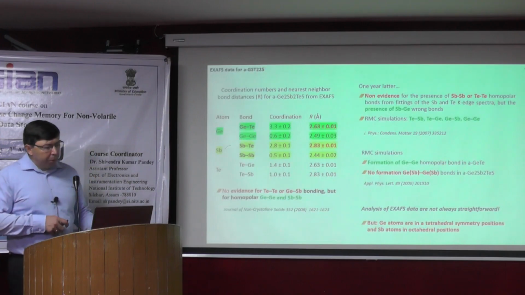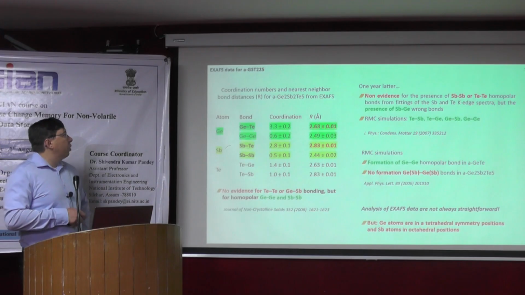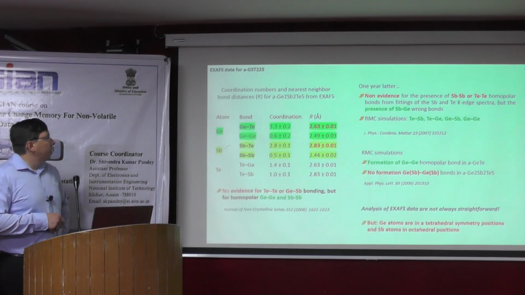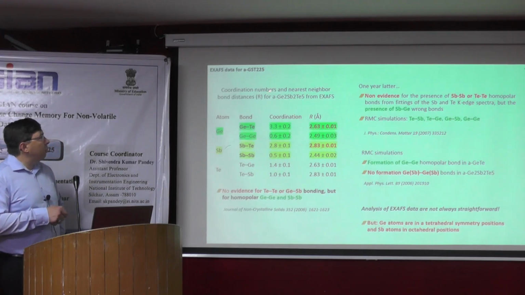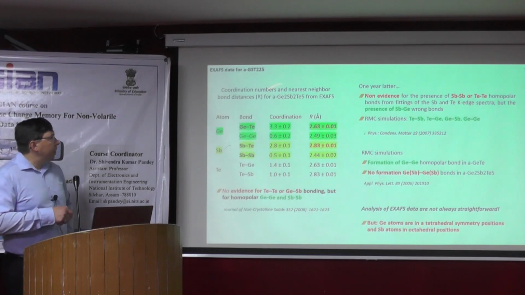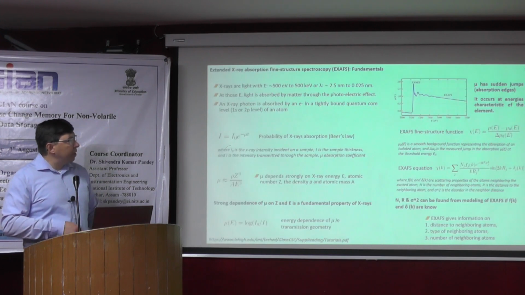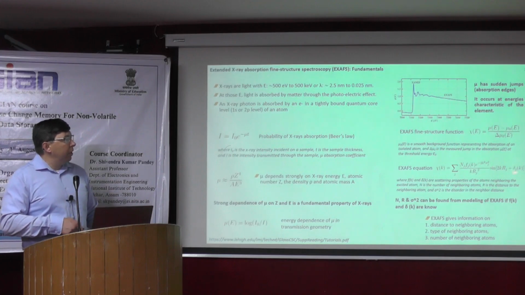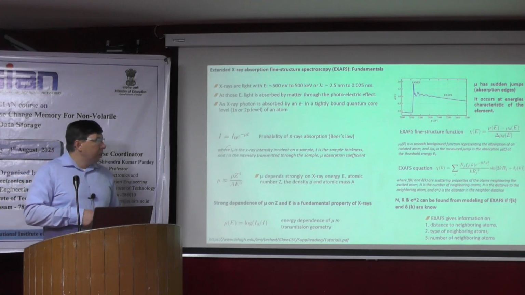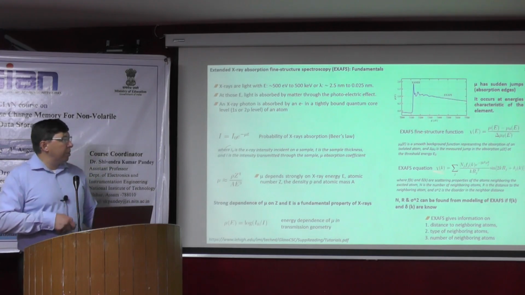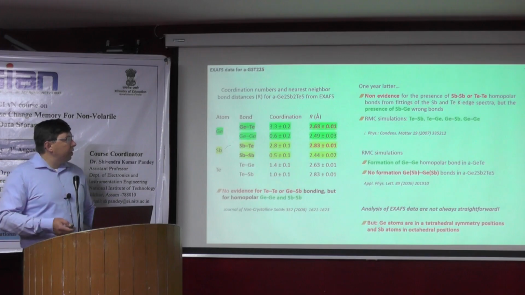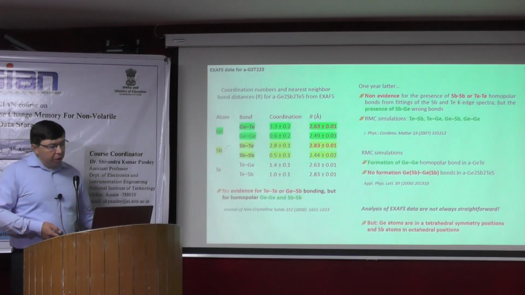Now some experimental data from XAFS, for example, on coordination number and nearest neighbor bonds in amorphous materials. So as you can see from this analysis, it's really challenging to analyze some data, and it can be seen in the different experimental data.